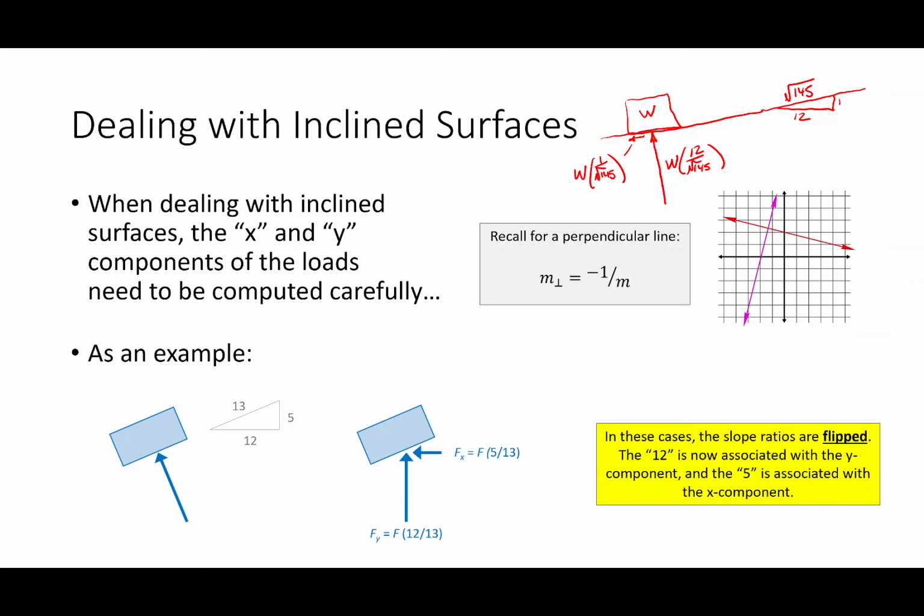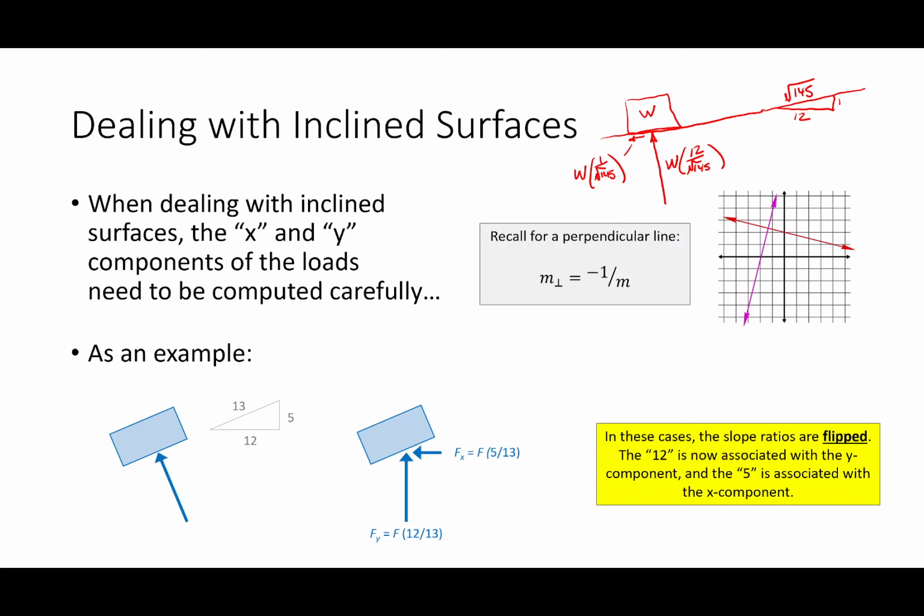And so what I have here at the bottom is a formalization of that. If I have a block where this is a 5 to 12, so the numbers are a little bit bigger, 5, 12, and that makes that 13. Then when I split this up into x and y, this is the 12 and that's the 5. The 12 is associated with the horizontal, the 5 is associated with the vertical, but then when you go here, you flip it.